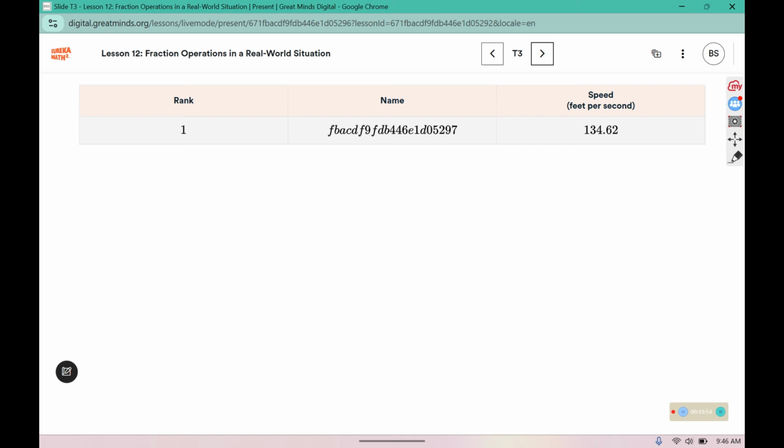It's going to rank the first 3 cars. However, I've only entered data for 1 car. So like I said earlier, it says it will go 134 feet per second. And then we'll have other ranks from other students here with some names that correspond to your classmates and how fast they go.